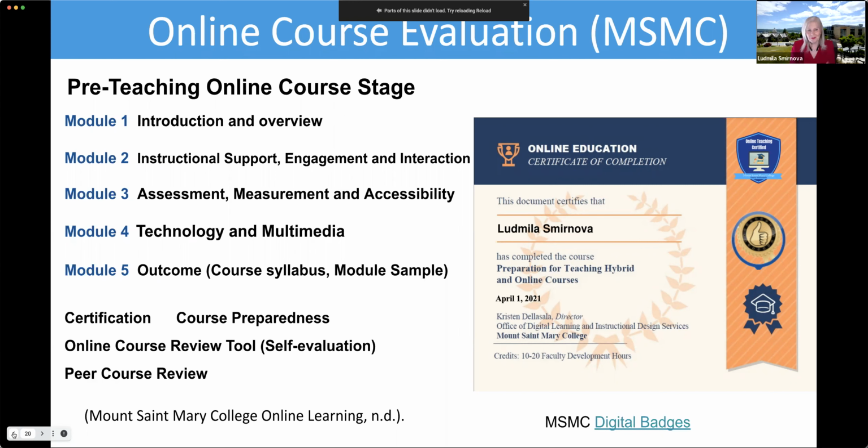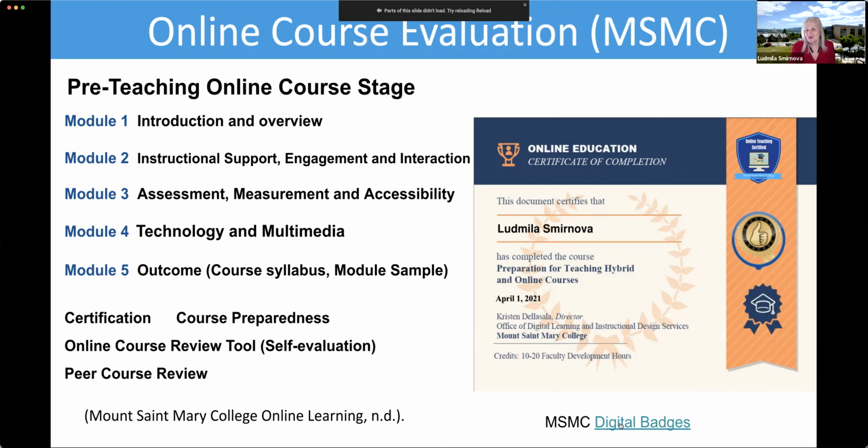And when the faculty submit all the required elements, they are given this certificate I just shared with you, a certificate of readiness for teaching online.